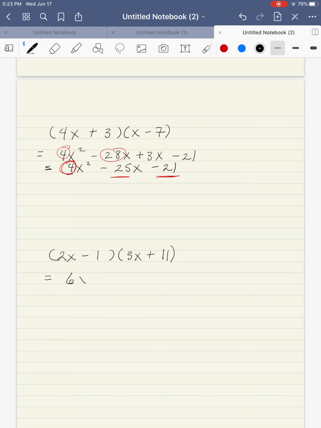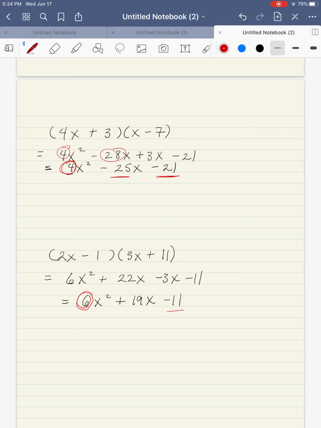Let's go ahead and try this one. We get 6x squared plus 22x minus 3x minus 11. Combine like terms. And we get 6x squared plus 19x minus 11. And again, we have a coefficient here.